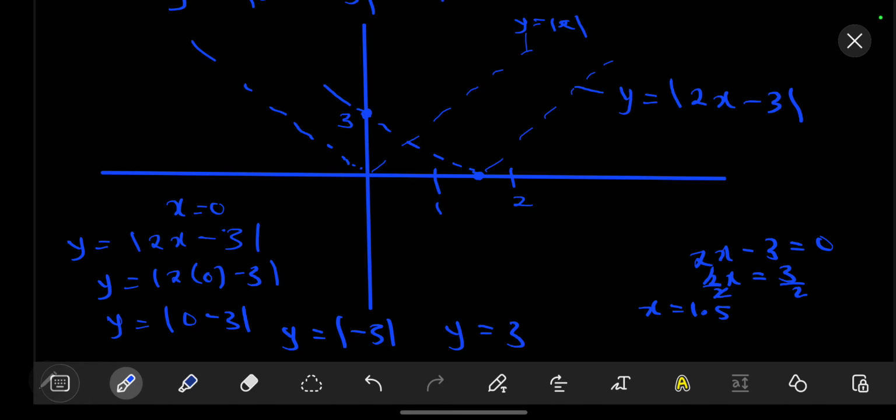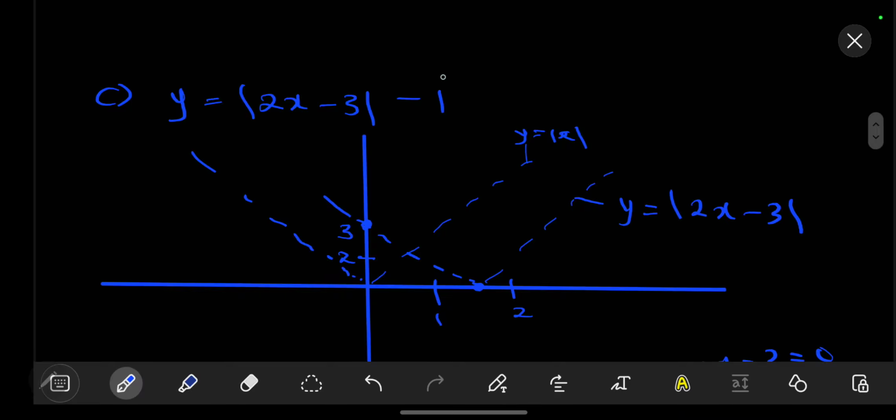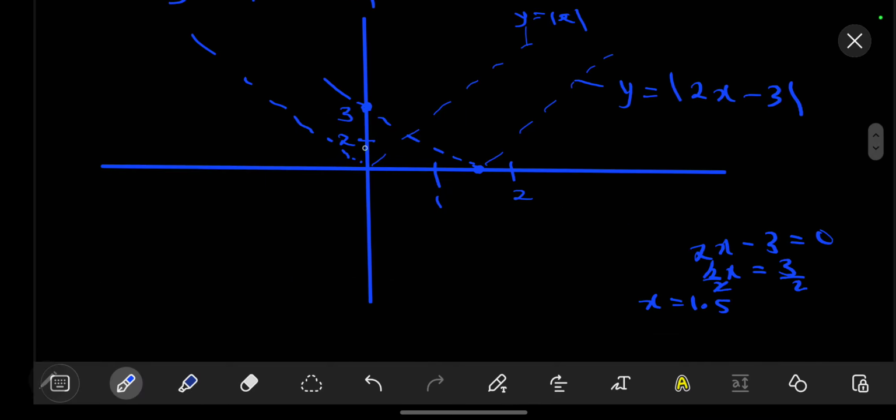Now what this means is that when we subtract 1, we are subtracting 1 from every point. So to subtract 1 from every point means to say if we have a 3 there, we are going to have a 2. So here it will pass at 2 when we subtract this 1. So it will pass at 2 like that.